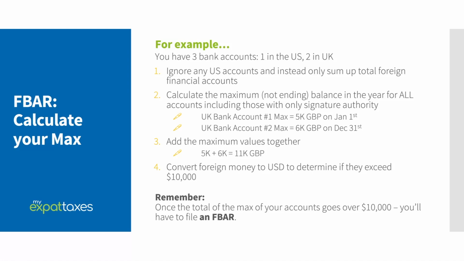For example, if you have a UK bank account, one, and you have £5,000 in it, and a second bank account with £6,000 in it, and there are dates, so the maximum value together is £11,000. You do exceed the threshold because it's cumulative for all of your bank accounts. You have to file it.